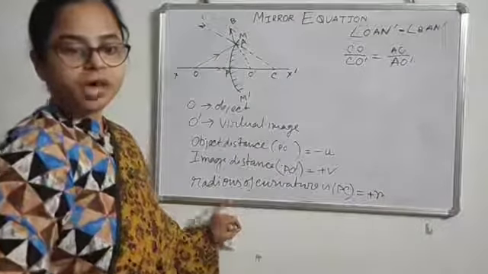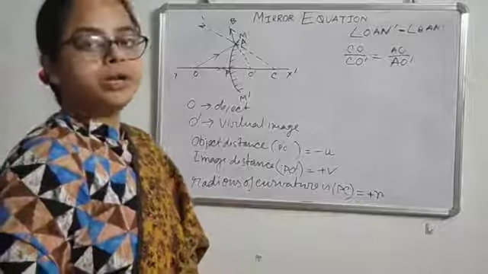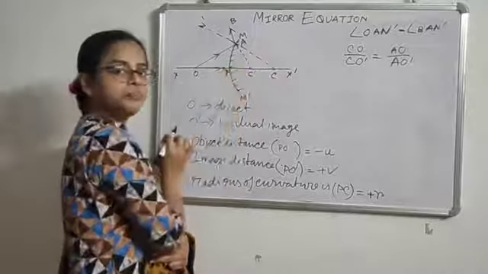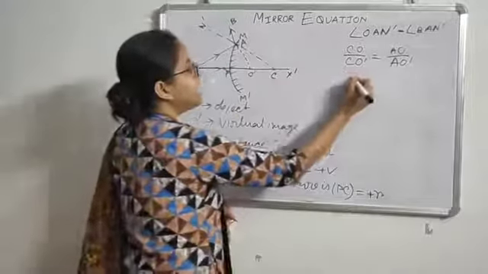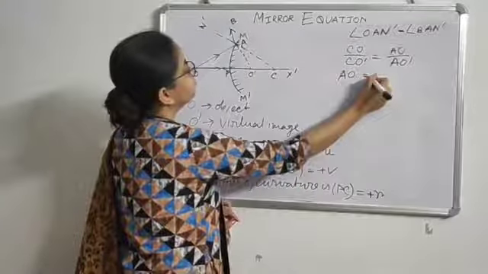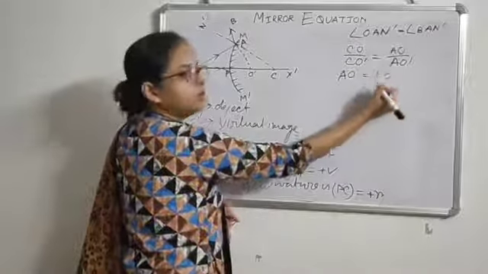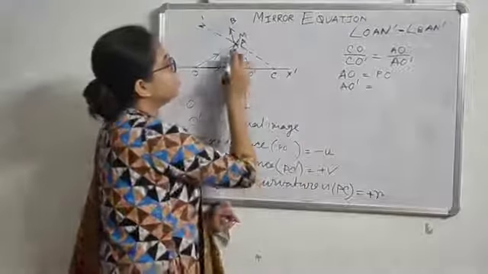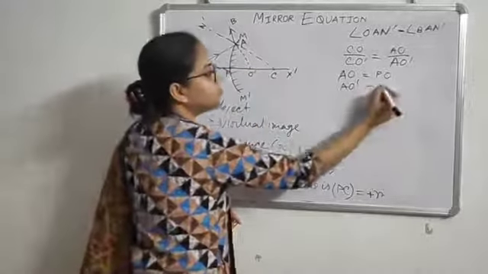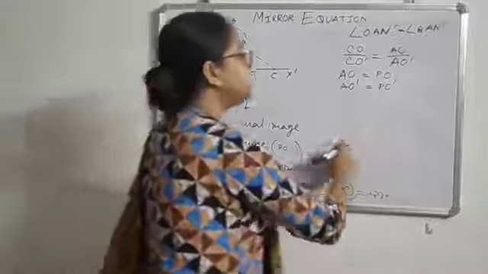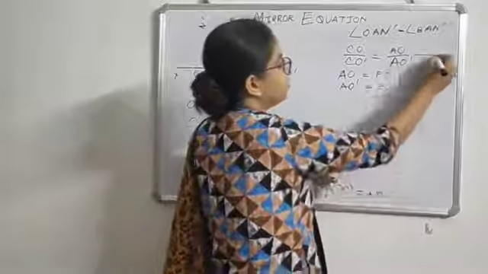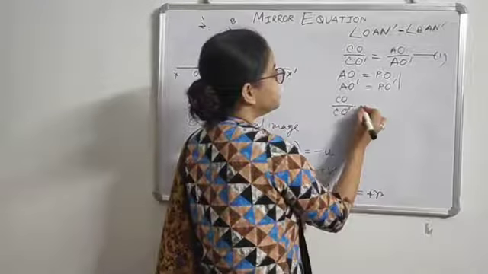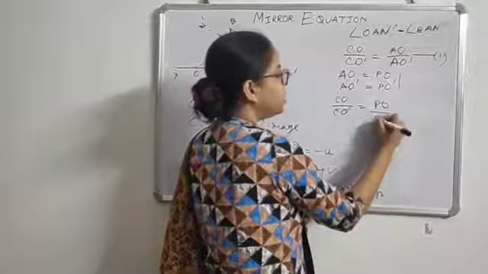Now as the aperture of the mirror is very small, we can say that A is very near to P. So AO is equal to PO and AO dash is equal to PO dash. Applying these two equations to the first one, we get CO by CO dash is equal to PO by PO dash.